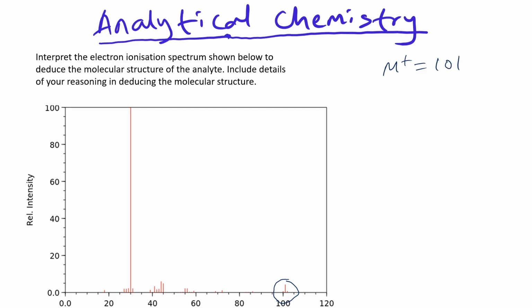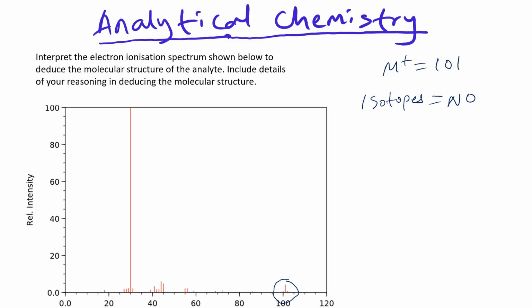The next thing to do is look for isotopes. Do we have isotopes here? Is there any interesting pattern? From the peaks here, no, so we have no isotopes. Then let's look at the fragments and identify the peaks.